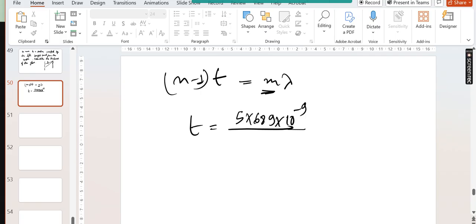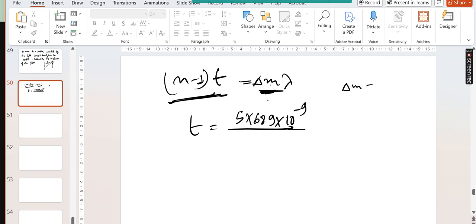When it was the central fringe, m should have been 0. But because of this extra optical path length, m has moved from 0 to 5. That's why it is n minus 1 into t equal to delta m lambda, because this is the extra optical path difference, and due to this extra path the fringe moved.